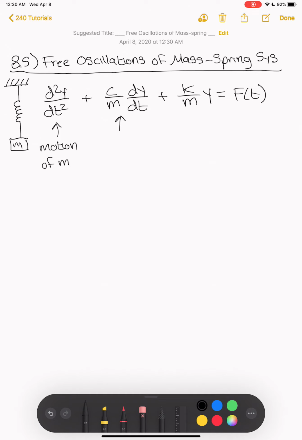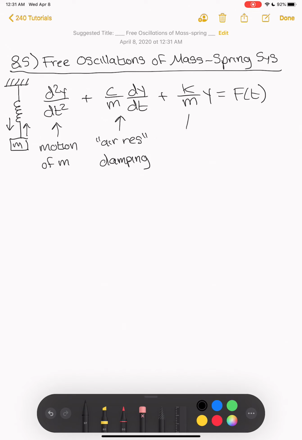So we have the mass moving, and as it's moving, it has to go through some medium, and this medium is preventing it from moving. So if M is moving up, for instance, I have the air resistance trying to push it back down. We refer to it in this course as damping. Okay, that's a pretty important word.